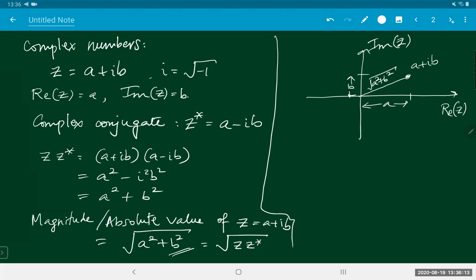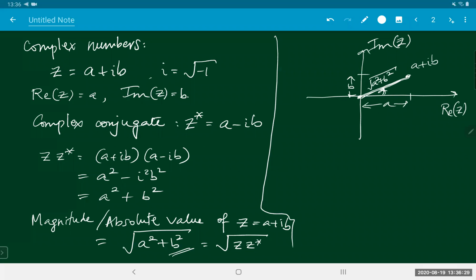Now this gives us one more way of representing complex numbers in terms of the distance from the origin and the angle that it makes with the x-axis or with the real axis.